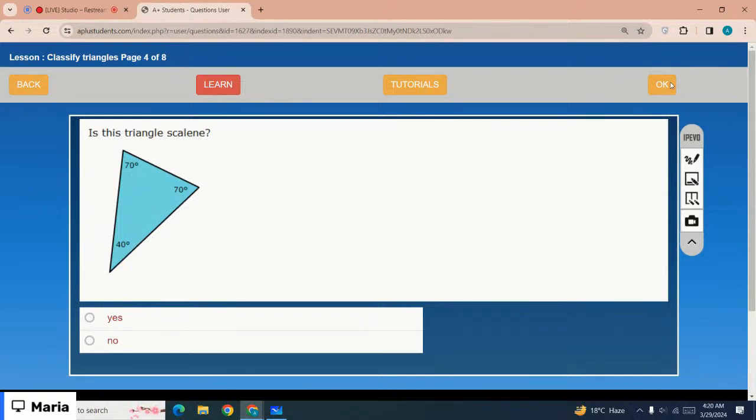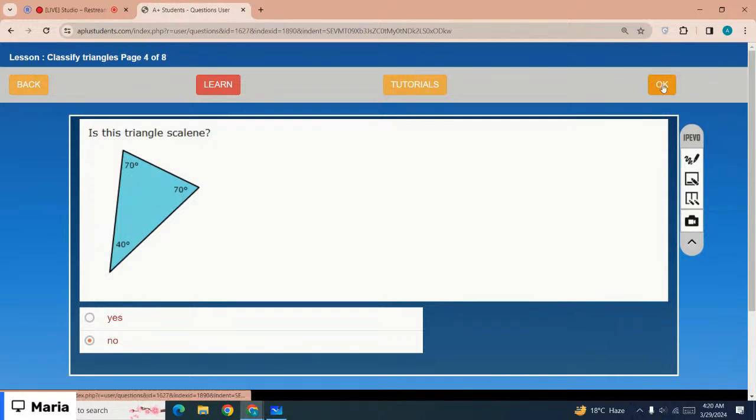Scalene triangle is the one that has all three angles different in measurement. You don't understand what? The correct option is no, this isn't the scalene triangle, right?